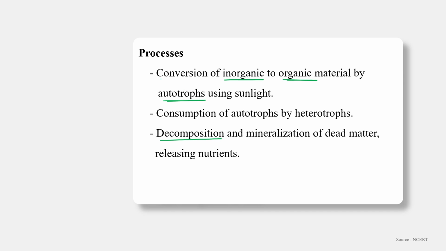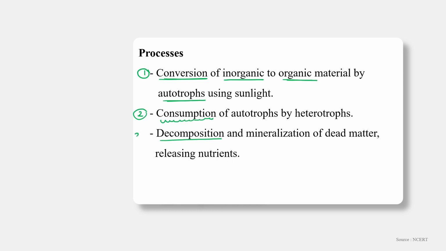The first step is the production of food via autotrophs, in which inorganic components are converted into organic matter in the presence of sunlight. Then consumption of these autotrophs is the second process. Third is the decomposition of heterotrophs after a certain time, and mineralization of dead material releasing nutrients.